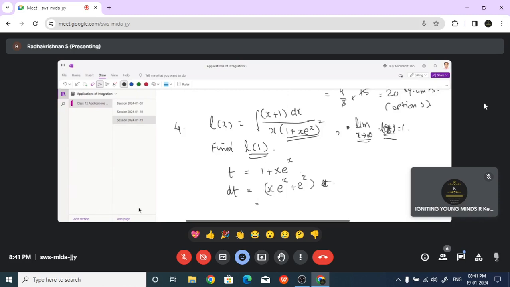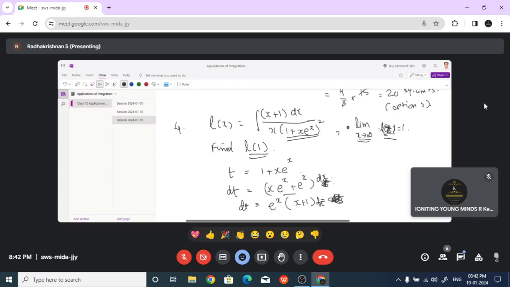So dt equal to e power x into x plus 1 dx, right?